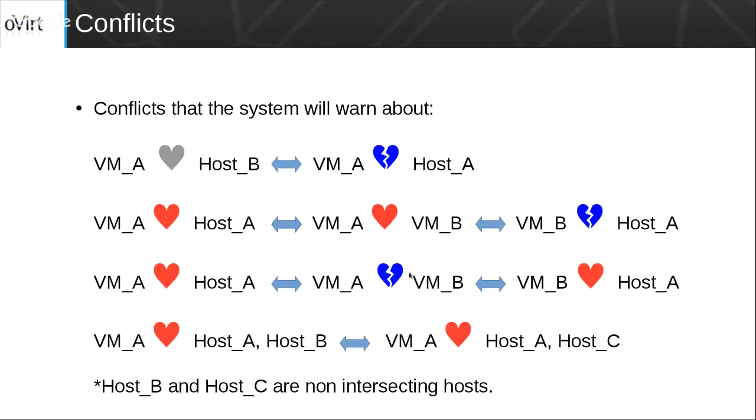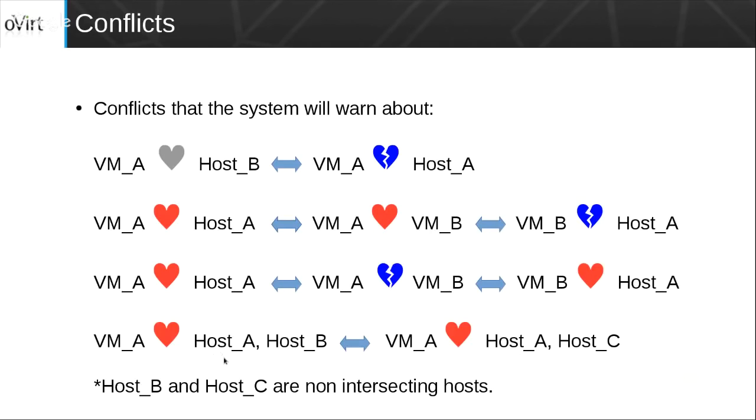Another conflict is the opposite, as you can see here, with positive affinities on the left and the right, but negative affinity between VMs. Another example is for intersecting hosts. This might not be a clear conflict, but let's say we have a VM A that we want to run with host A and B with strong positive affinity, and VM A that wants to run in strong positive affinity with host A and host C. Now we can clearly see that host B and host C are non-intersecting hosts.